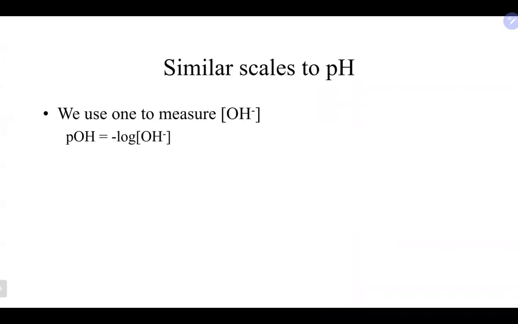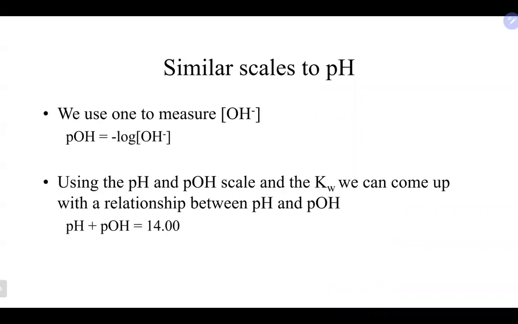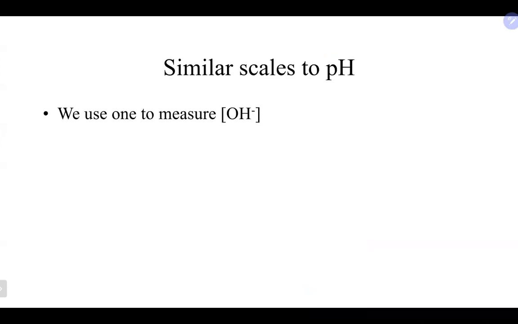Now, as we jumped into in that last example, there are definitely scales similar to pH, and one very popular one is the pOH scale, which needs the OH minus concentration. So really, the names tell you what you need. pH means you need the H plus concentration to calculate it. pOH tells you that you need the OH minus concentration to calculate it.